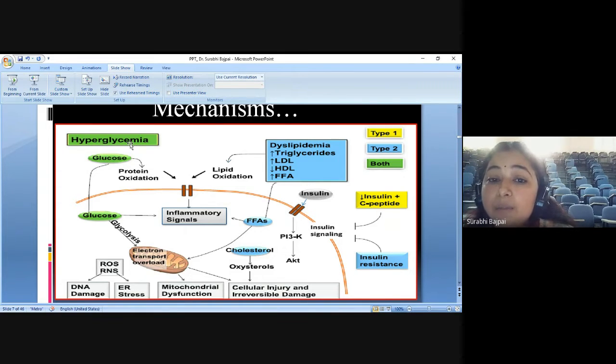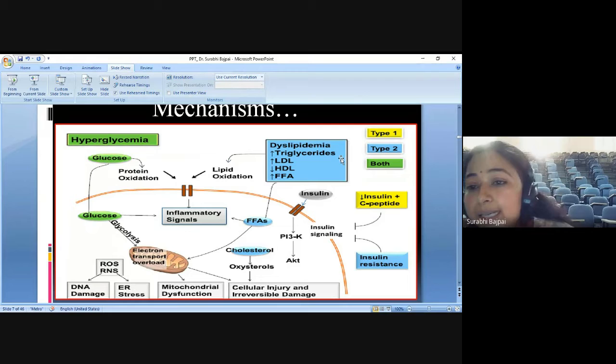The hyperglycemia may sometimes result in abnormal ROS generation, reactive nitrogen and reactive oxygen species generation, that may lead to DNA damage, endoplasmic reticulum stress, mitochondrial dysfunction, which we are going to deal with in our study, and also cellular injuries and irreversible damage to the neuronal cells, when we talk about the neurons and the brain system.